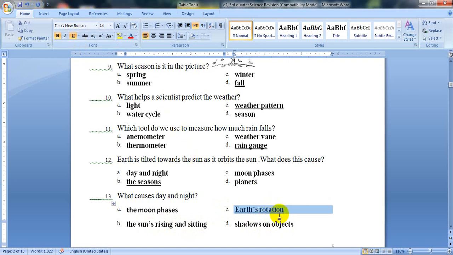We said that Earth is moving or spinning or rotating around itself, around an imaginary line which is called axis, and this rotation takes 24 hours and it causes the cycle of day and night.